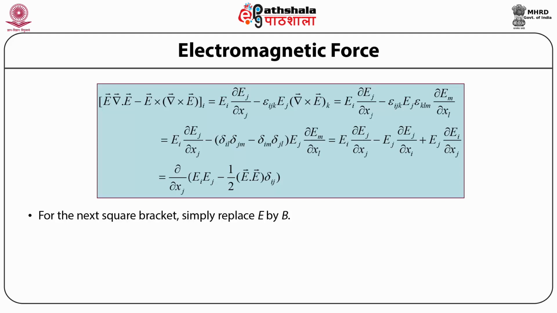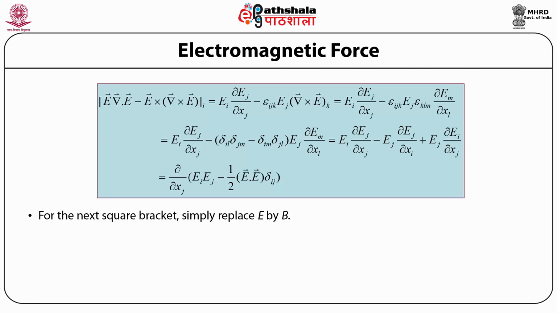So we then rewrite this expression as the ith component of the electric field times the partial differentiation with respect to the jth component of the position x subscript j of the jth component of the electric field, minus the jth component of the electric field times the partial differentiation with respect to the ith component of the position, that is x subscript i, of the jth component of the electric field, plus the jth component of the electric field times the partial differentiation with respect to the jth component of the position, that is x_j, of the ith component of the electric field.